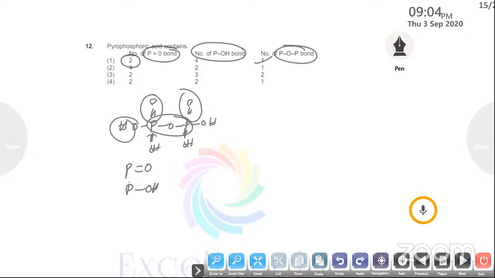The number of POH bonds is 4. It is asking in the same sequence: P double bond O's are 2, POH bonds are 4, and POP bonds are 1. So the basicity of this is 4. Which option matches this? This is the first option.